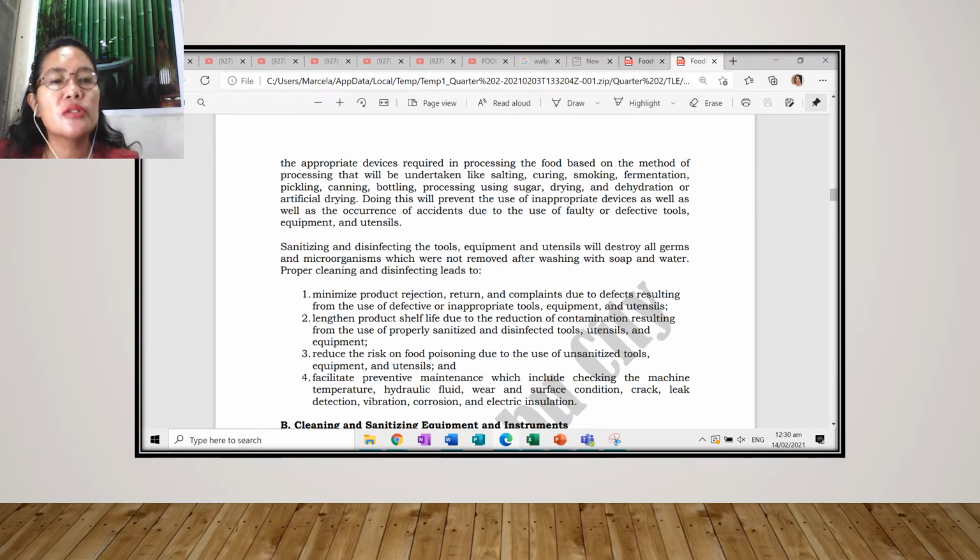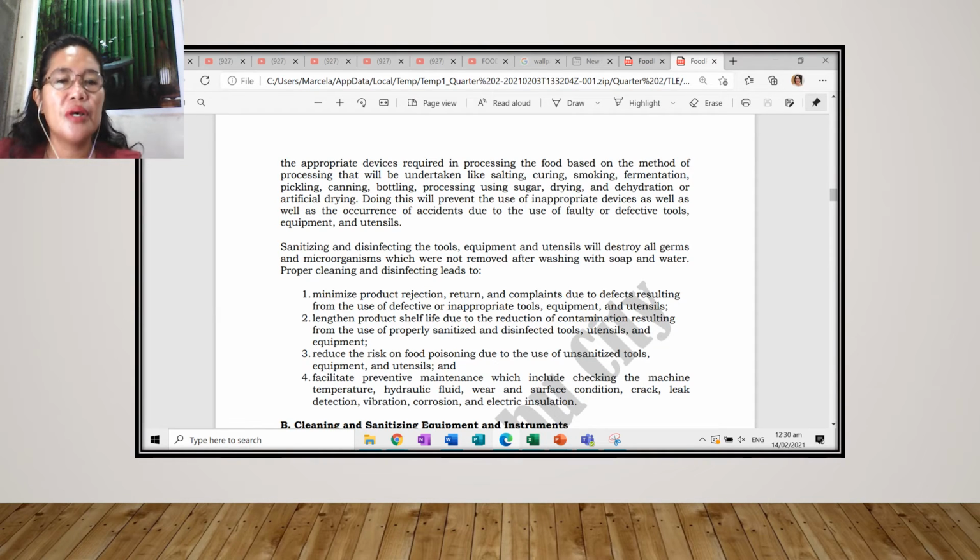Sanitizing and disinfecting the tools, equipment, and utensils will destroy all germs and microorganisms, which may also be removed after washing with soap and water. Proper cleaning and disinfecting leads to, number one, minimized product rejections, returns, and complaints due to defects resulting from the use of defective or inappropriate tools, equipment, and utensils.